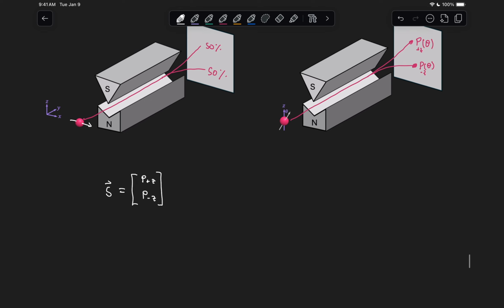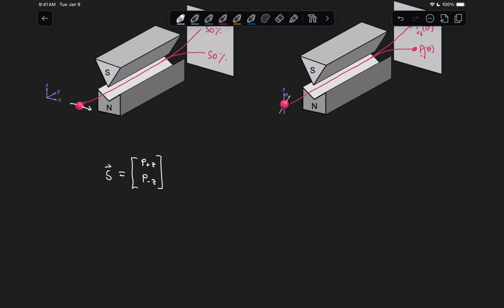For the case where we had an electron with a spin pointing in the plus z direction, the vector that described that electron was given by (1, 0), right? Because the observations of performing that experiment over and over again was that we were always seeing the electron deflecting upwards with probability of 1 and never deflecting downwards, so a probability of 0.